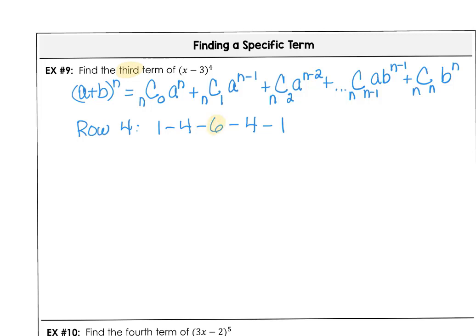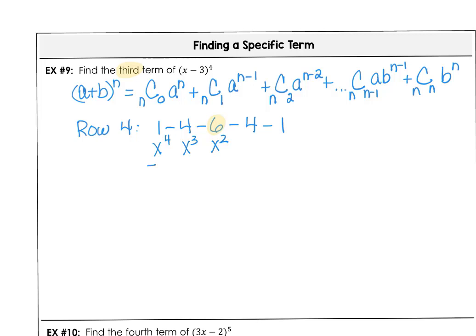Well, here's my third term coefficient. And what happens with our third term in the expansion for the a term? Well, a is going to go down by a power. So we're going to start here with x to the 4, x to the 3, x to the 2. And what's going to happen to the negative 3?